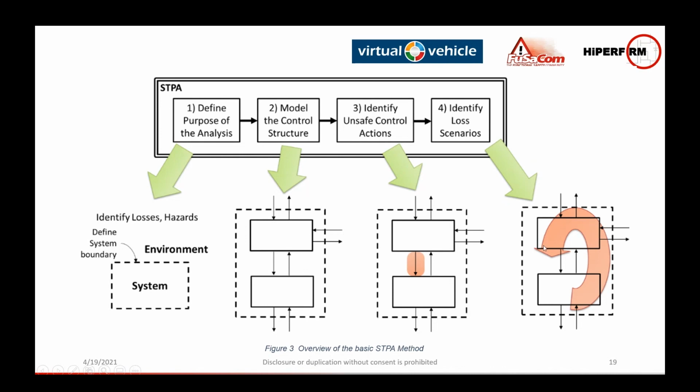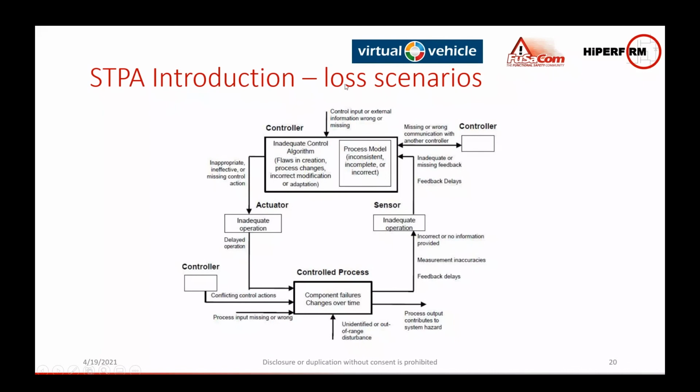This loss scenario, you will see here what this last step looks like. So you have the unsafe control actions, and of course what you want to know is the impact they have on the overall control loop. And then you have, from the actuators for example, inadequate operation.